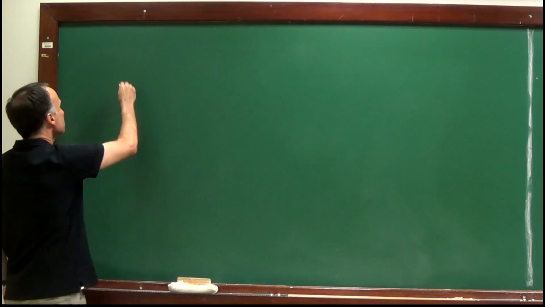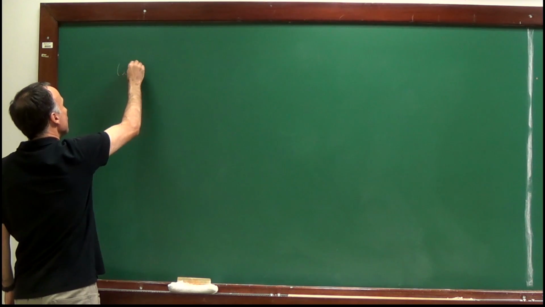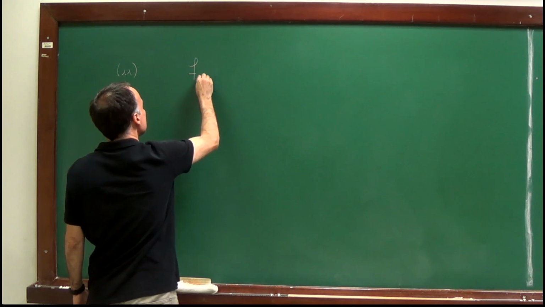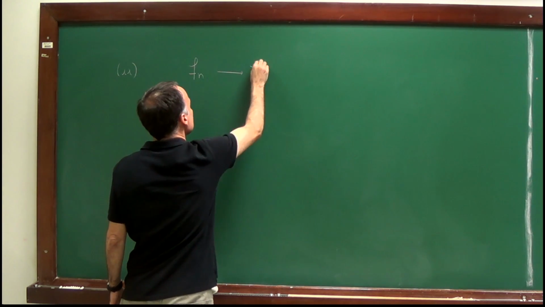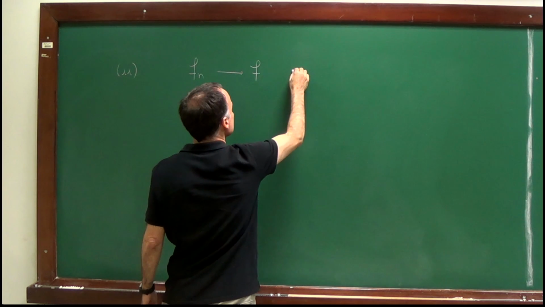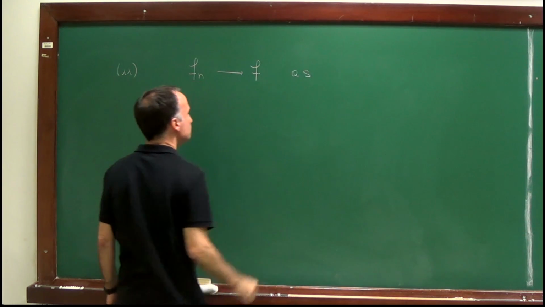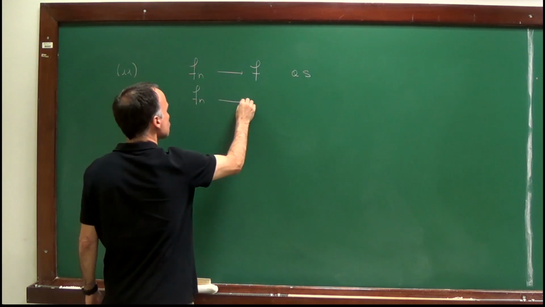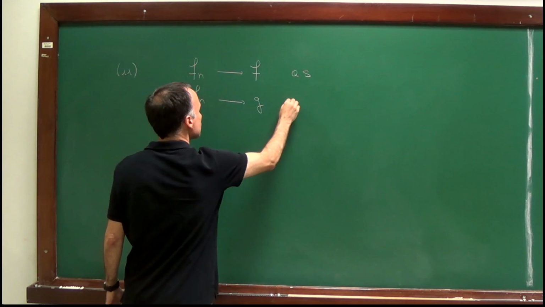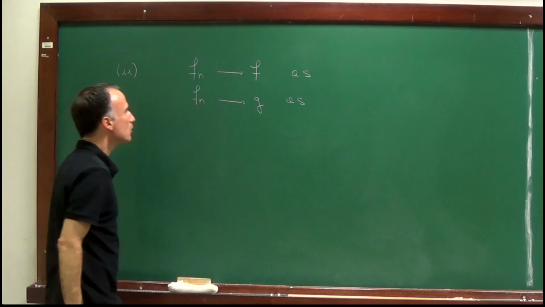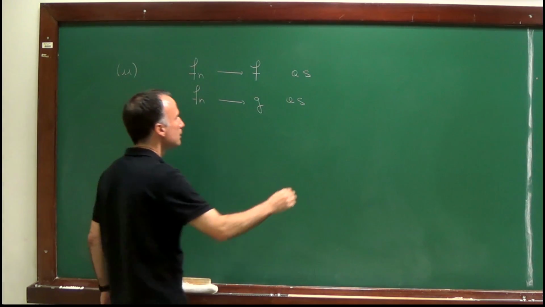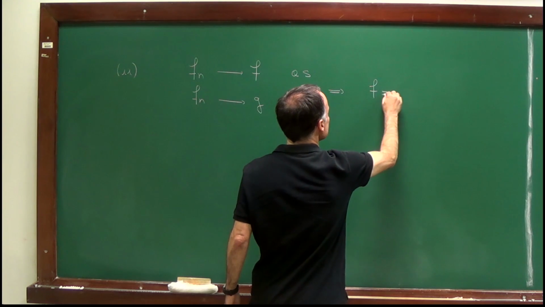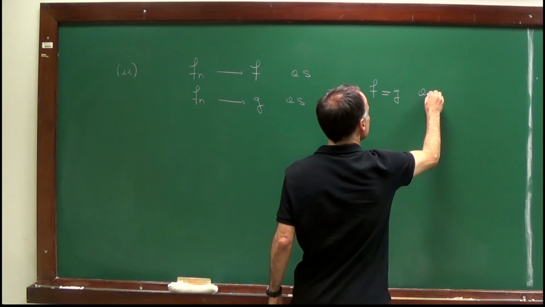So a second property is the following. Assume that fn converges almost surely to a function f, and that it also converges almost surely to a function g. What I claim is that this implies that f is equal to g almost surely.